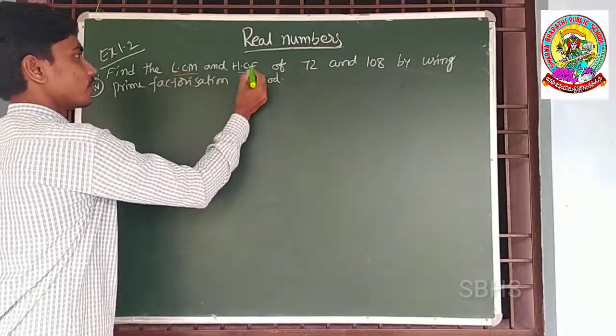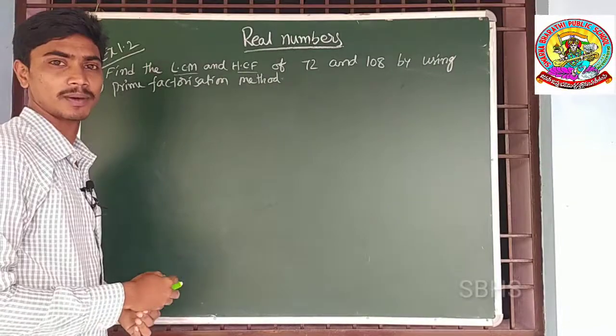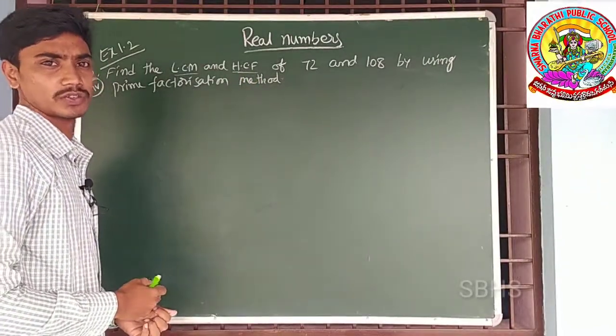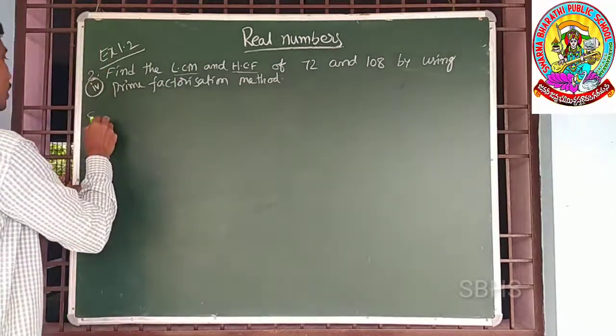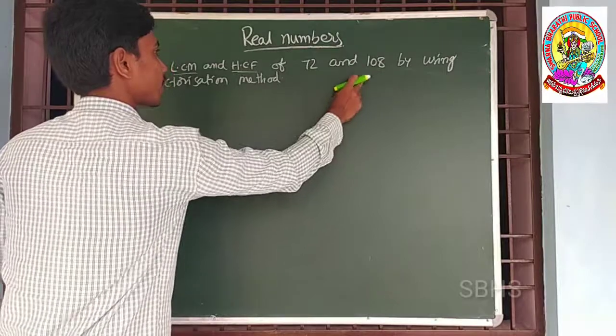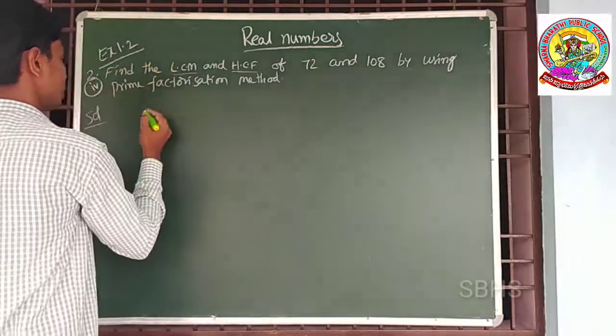LCM and HCF. What is meant by LCM? Least common multiple. What is meant by HCF? Highest common factor. First of all, try to determine the prime factorizations of 72 and 108.